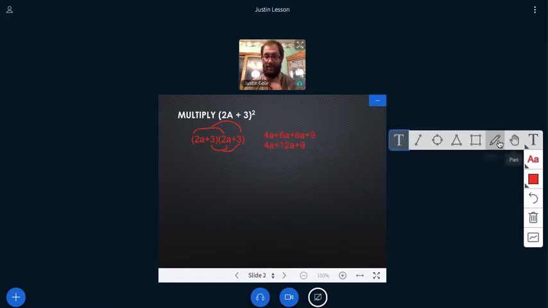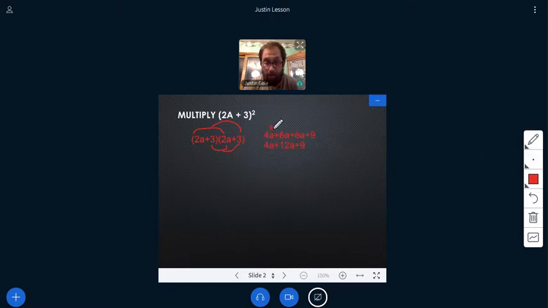And let's add a little to the second power here and here. So 4a squared plus 12a plus 9 should be our final answer. This part right here, 6a plus 6a, we're going to kind of notice a pattern right there.